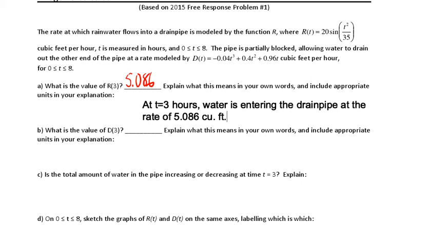And then if you want to include a verbal description, water is leaving the pipe faster than it's entering. That's fine too, but you're going to need that D of 3 is greater than R of 3. That's your mathematical argument on there.